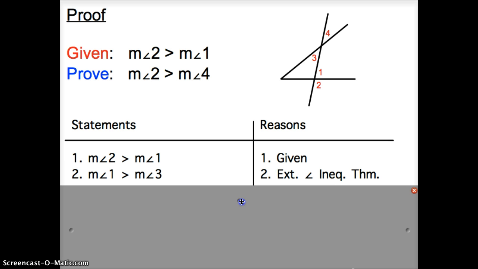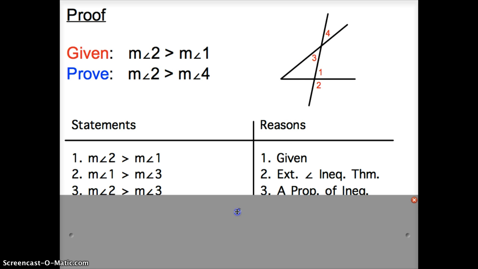From there, we could also conclude that the measure of angle 1 is greater than the measure of angle 3. Angle 1 is the exterior angle of this triangle right here. From there, we can conclude, because 1 is the exterior angle and 3 is the interior remote angle, 1 is greater than 3. The measure of angle 2 is greater than the measure of angle 3.